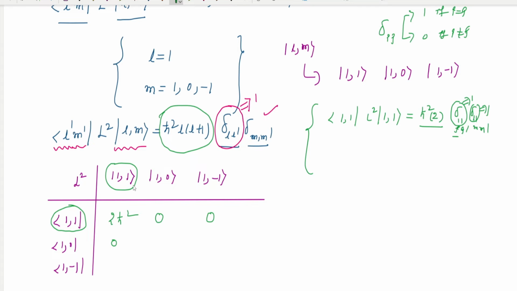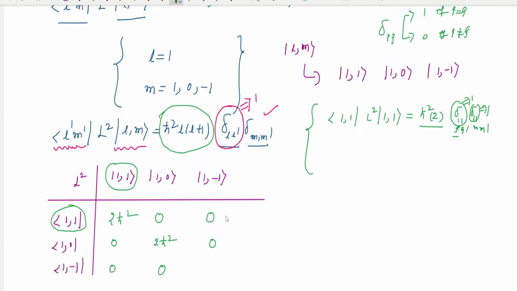So here L prime and L are the same, then M is 0. Then we can get here 2h cross square. This one is 0 because of different states. Here this bra vector and this ket vector are different states, right? 0. This bra vector and this ket vector, different states, 0.